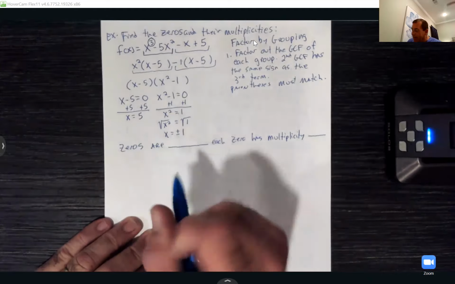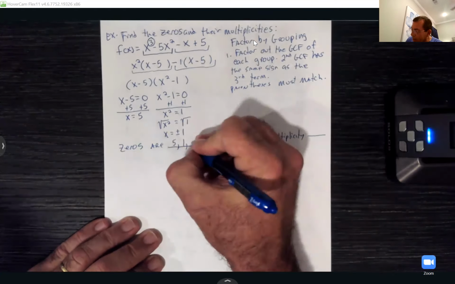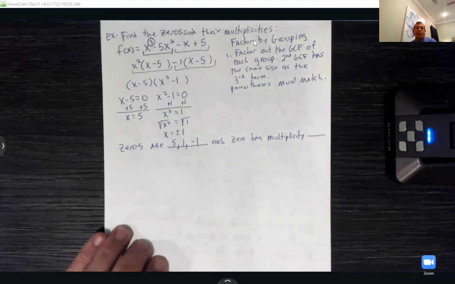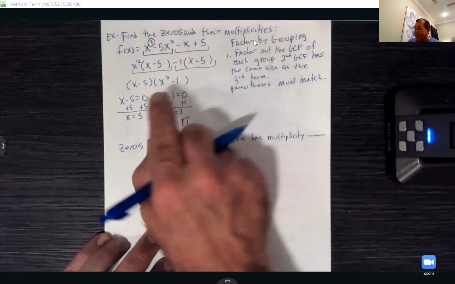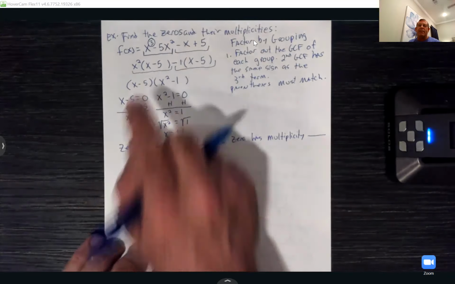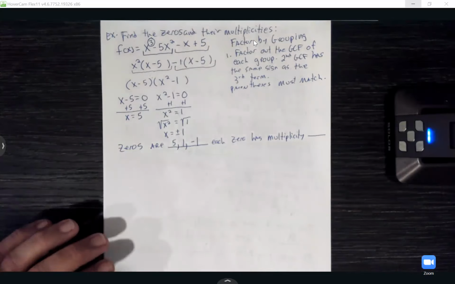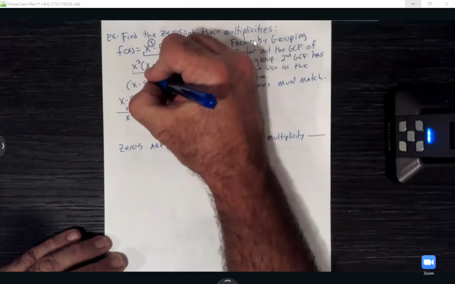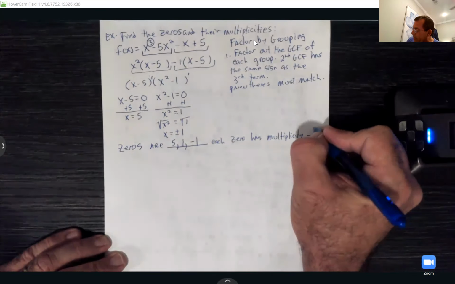Here we got a 5 for one of them, and a +1 and a -1. The multiplicity I can find from the factors. There's no exponent behind either one of these parentheses, so the exponent is 1. That means each one has a multiplicity of 1.